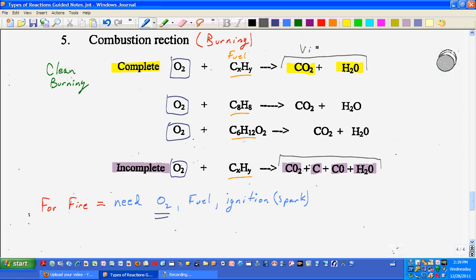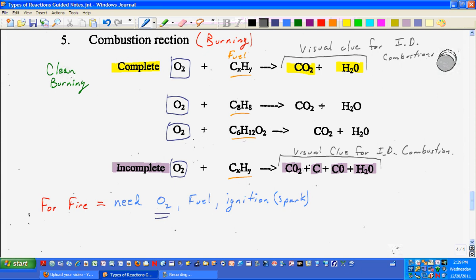So this is your visual clue for identifying combustion.